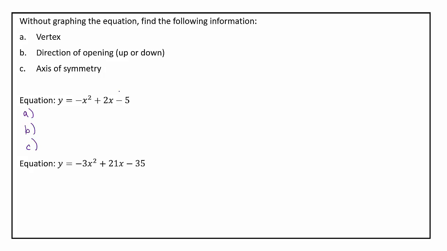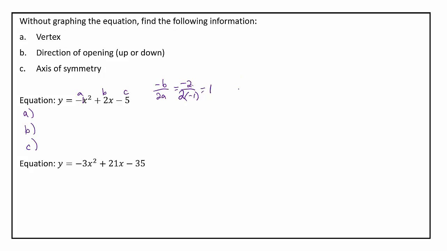So we figure out what the vertex is based on what A, B, and C are. Our formula is negative B over 2A. So in this case, B is 2 and A is negative 1. So we're going to do negative 2 over 2 times A, which is negative 1. If we work that out, the negatives cancel, the 2's cancel, and we're left with 1.